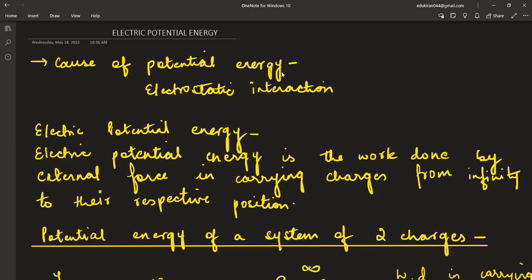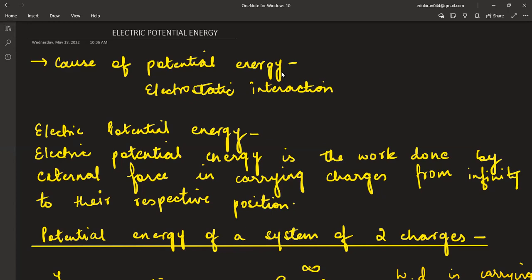When both the masses were able to exert force on each other, we had potential energy that time also. That was gravitational potential energy. When two charges are present in electrostatics, they are able to exert force on each other using Coulomb's law. So we have electrostatic potential energy this time, electric potential energy.